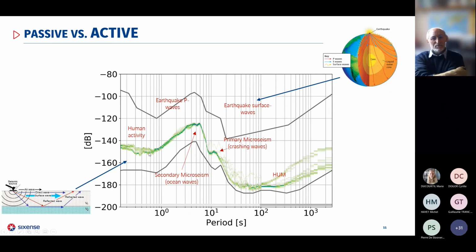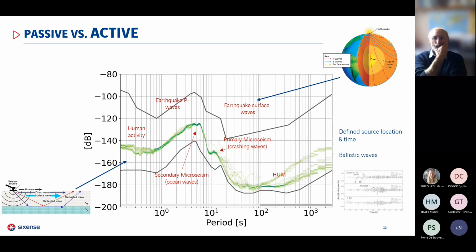These sources are present at higher frequency, with a signal that propagates in the shallower layers. Active sources are characterized by a defined source location and time, and they emit ballistic waves, as we see here, that can be easily detected on a seismogram.